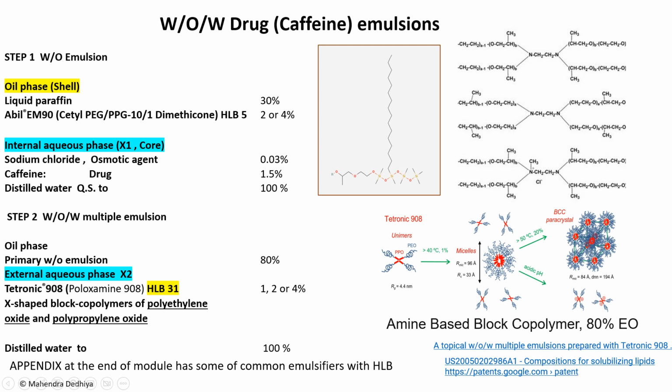Let's look at the example of a water, oil, and water double emulsion for caffeine as a model drug.